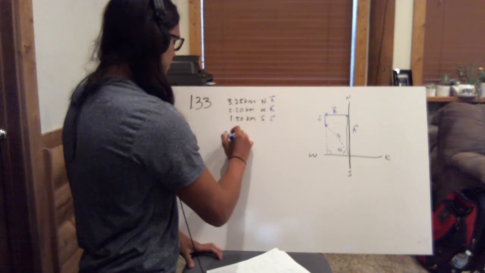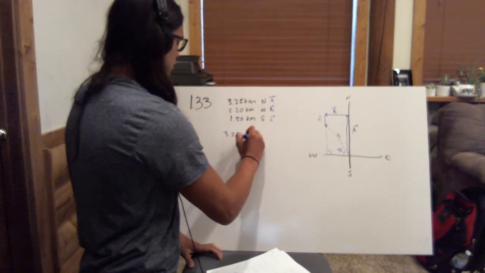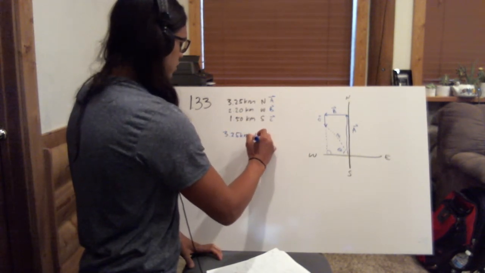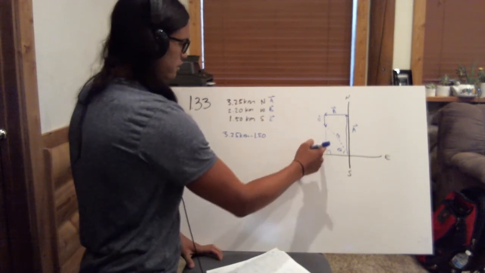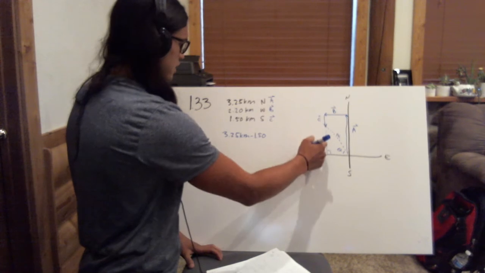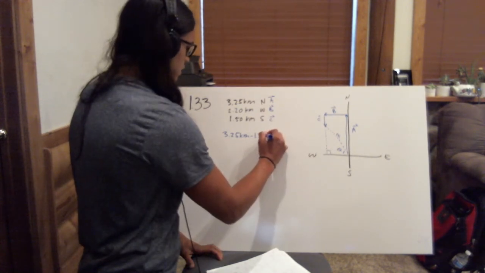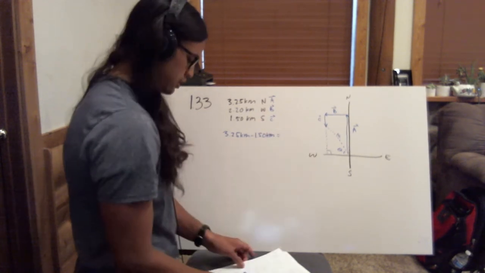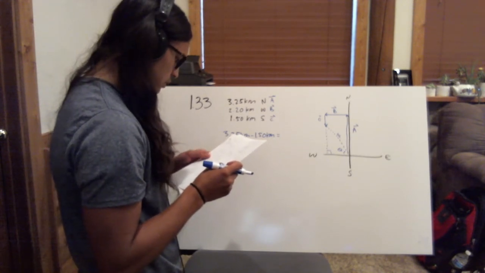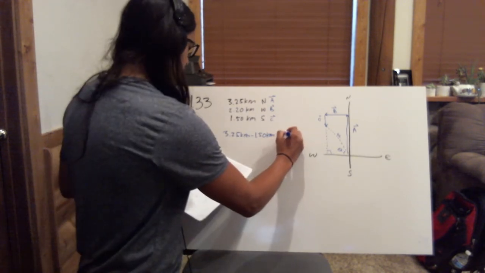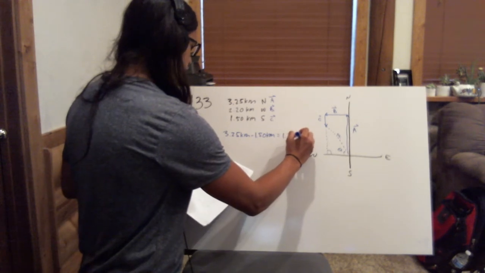So 3.25 kilometers minus the 1.50 kilometers right there would give us this distance right here, which is 1.75 kilometers.